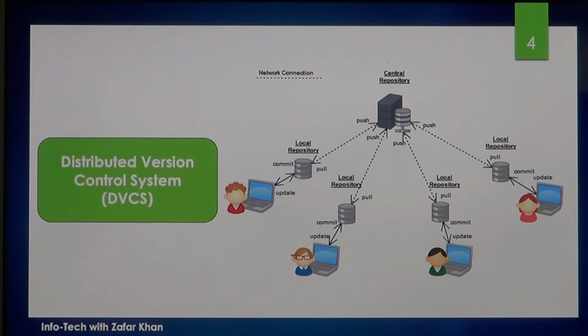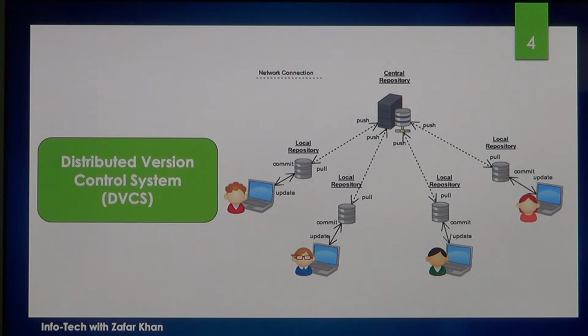Even if the server goes down or crashes, each user has a backup, and that can be restored to the server again. All the developers have the entire copy of the code on their local system. One example of a distributed version control system is Git.